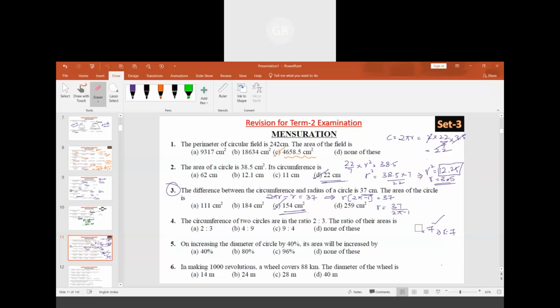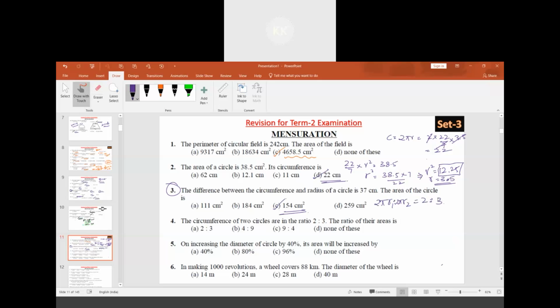Question number 4. The circumferences of two circles are in the ratio 2:3. Find the ratio of their areas. They have given two circumferences in the ratio, so 2 pi r1 is to 2 pi r2 is 2:3.